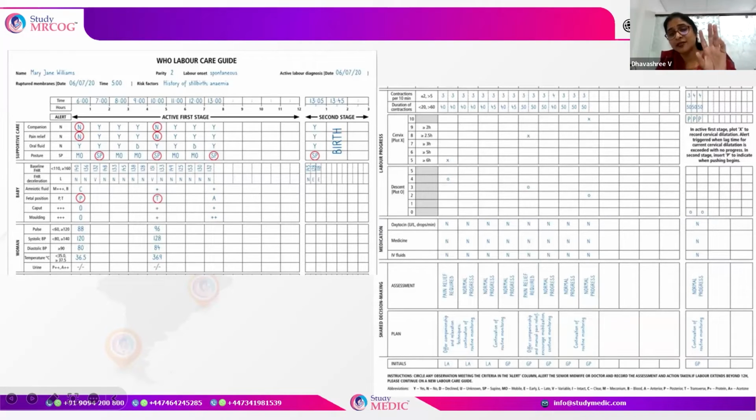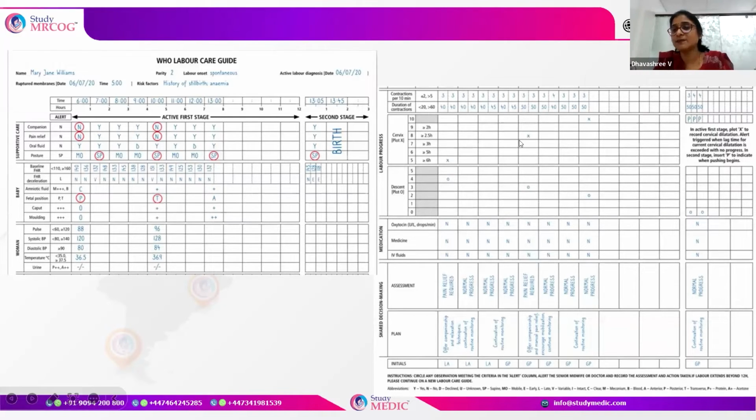At 6 centimeters, more than 5 hours is abnormal. At 7 centimeters, more than 3 hours is abnormal. At 8 centimeters, more than 2.5 hours is abnormal. At 9 centimeters, more than 2 hours is abnormal.